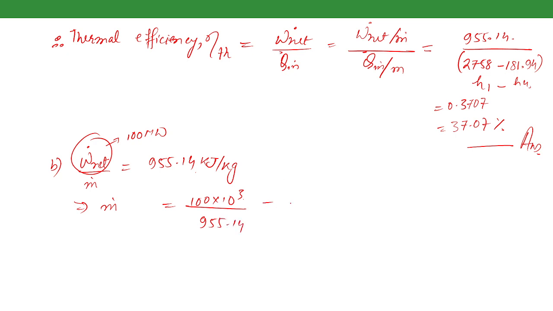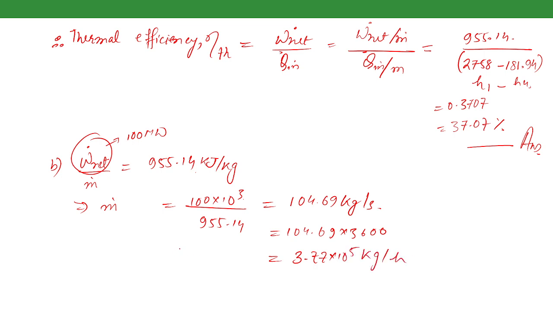So this value comes out to be 104.69 kg per second. So 104.69 multiplied by 3600 comes out to be 3.77 into 10 to the power 5 kg per hour. So this is the mass flow rate of the steam required.